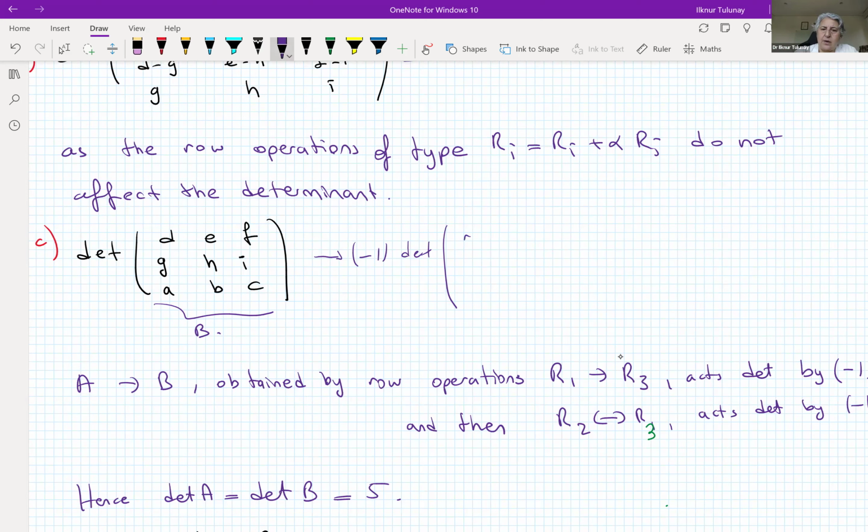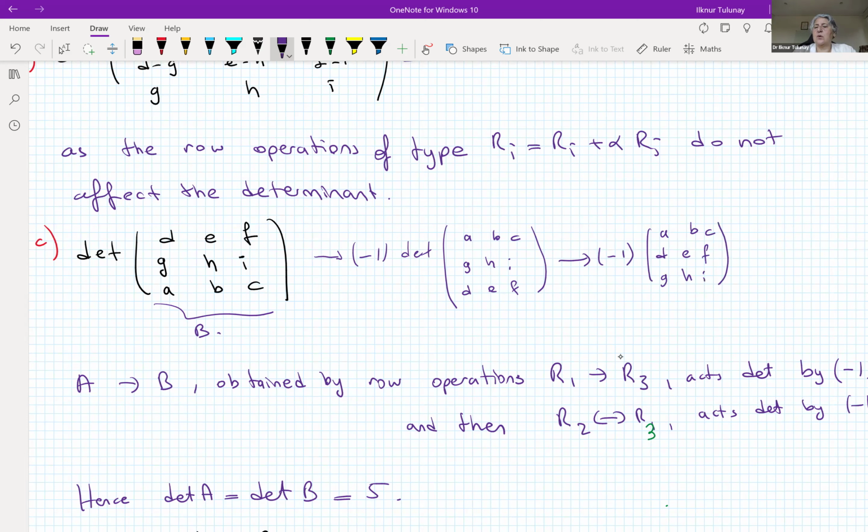Let's do it that way. A, B, C, and G, H, I, I'm leaving it here, and then the last one will be D, E, F. Now I am swapping again. That gives me another -1. I need to swap row 2 and row 3 this time. I've done it with my eyes, but I think it is better to write it down.